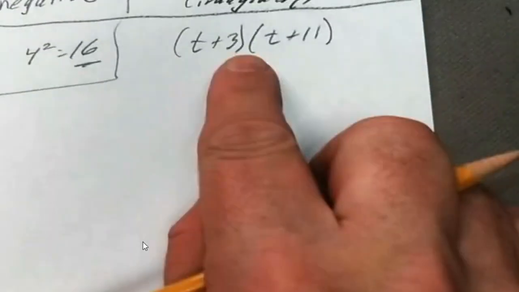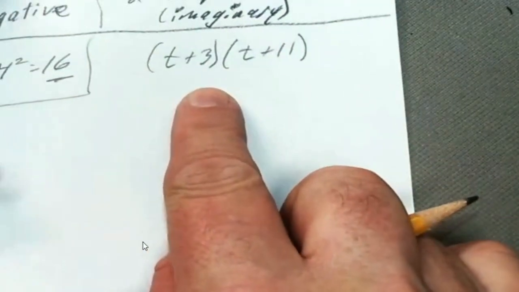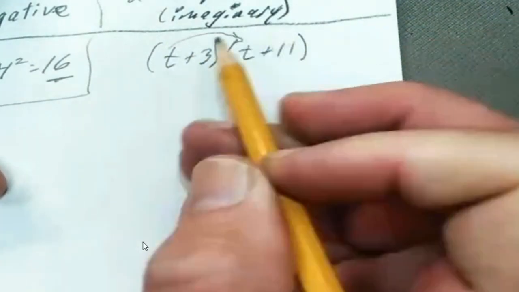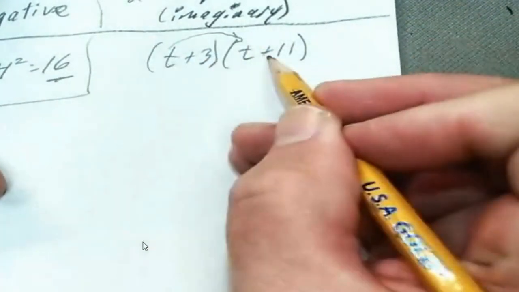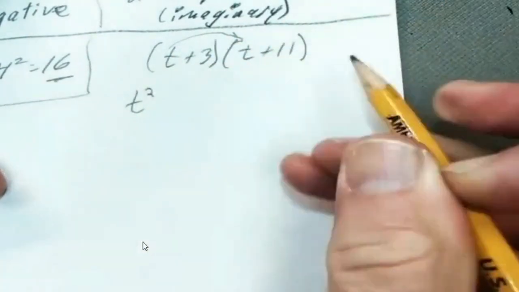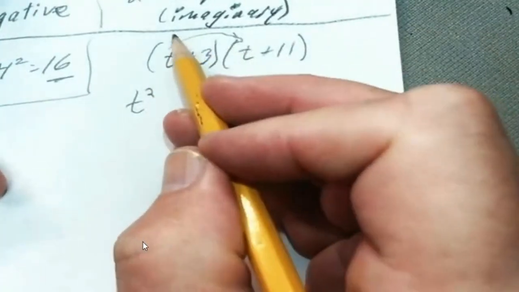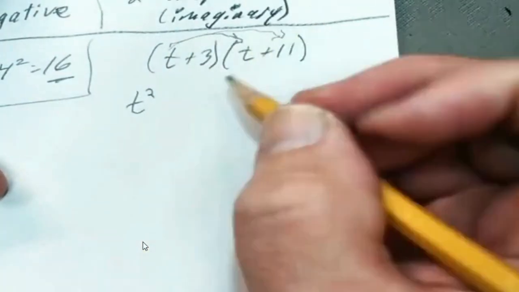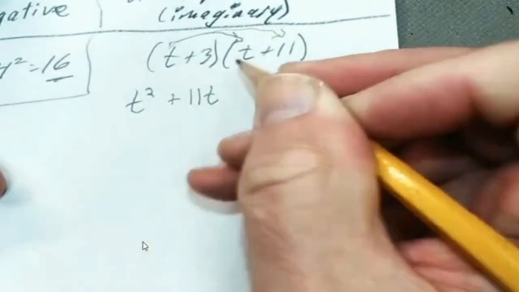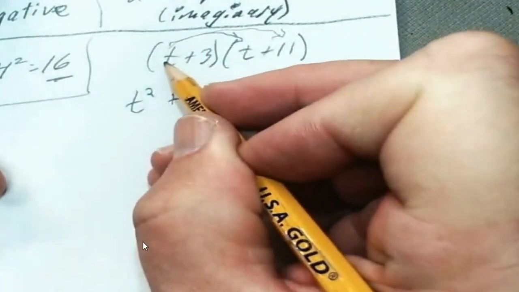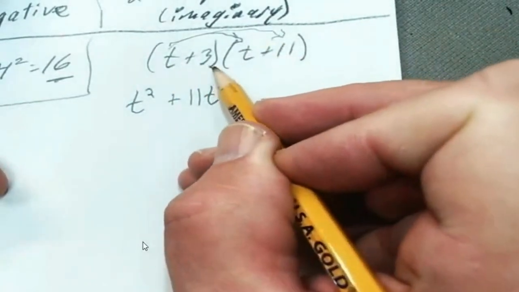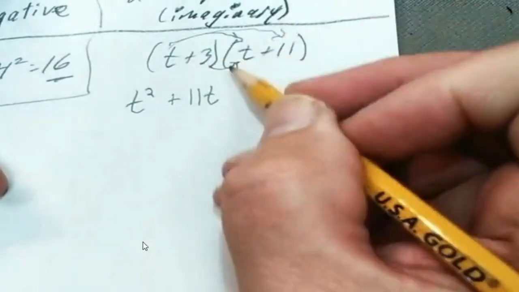So if we have two binomials and we're going to multiply them together, the first thing we do is multiply t times the t, right? The distribution method, t times the first term, t squared. And then we'll take t times the second term, 11. So that's 11t. We've multiplied it by everything in this parentheses. Now let's take the 3 and multiply it by the first term.